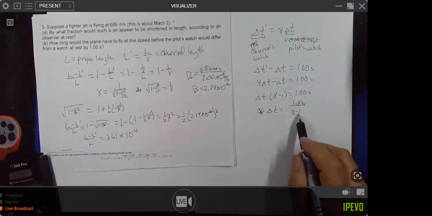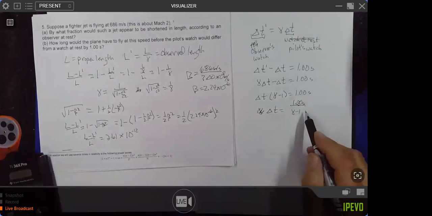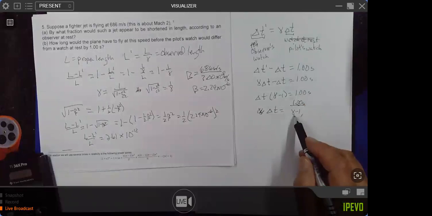So in this case, we're going to have to do a series expansion on gamma, because gamma is going to be so close to 1 that our calculator isn't going to help us at all.